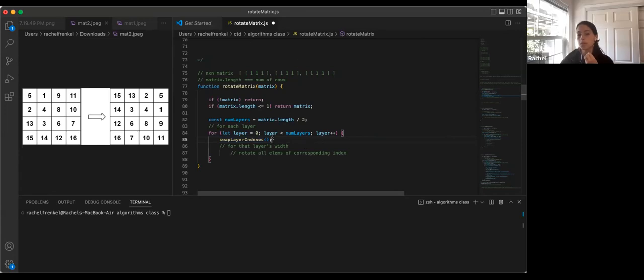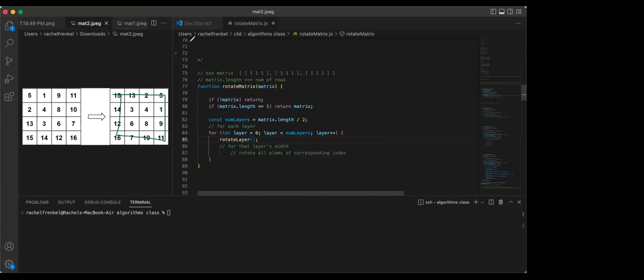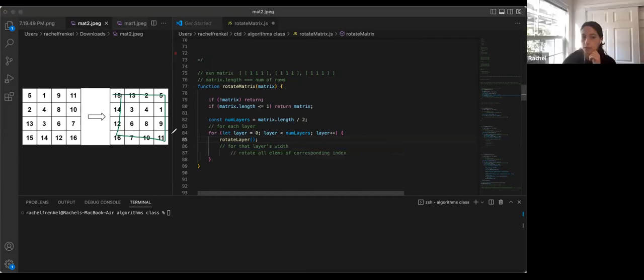So let's pretend that we had a function that would rotate. Maybe instead of swap, we should say rotate. Rotate layer. It will rotate a layer. So we have a function that is given a matrix and the layer index of which to rotate, and it will just rotate all of the elements in there.